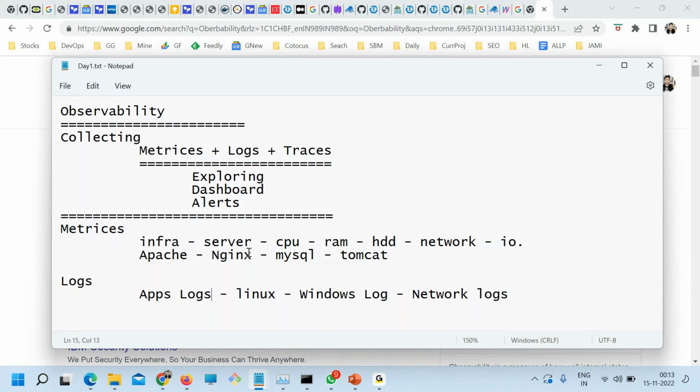Now, when we say traces, this is something we are focusing on in this session. So when we say traces, what does that mean? Traces can be collected in various ways.